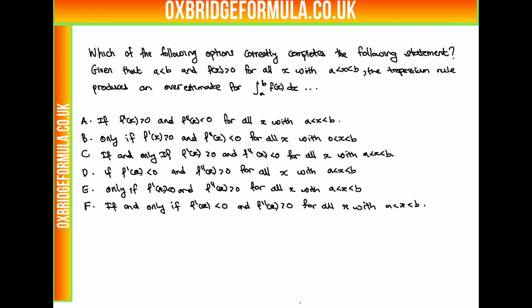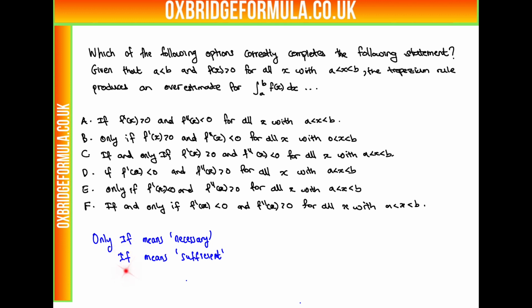Okay, so the conditions are phrased in terms of if and only if statements. So recall what that means. Only if means that a condition is necessary. So for example, in B, if we're saying only if f dash of x is 0, it means that f dash of x bigger than 0 is a necessary condition.